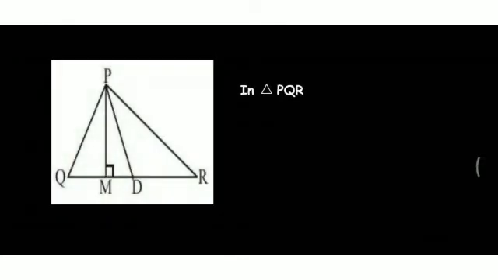Now you have learnt about both median as well as altitude. So now I will ask you a question. This is a diagram in which triangle PQR is given and you will name the altitude in this triangle. Can you name which is the altitude in this triangle? Yes, correct.